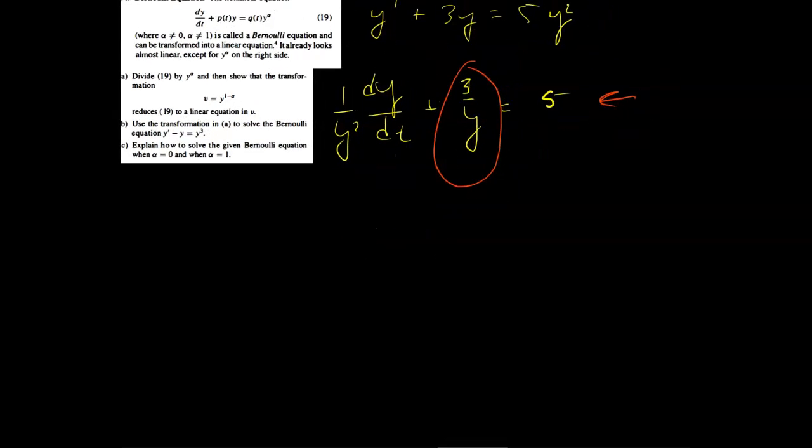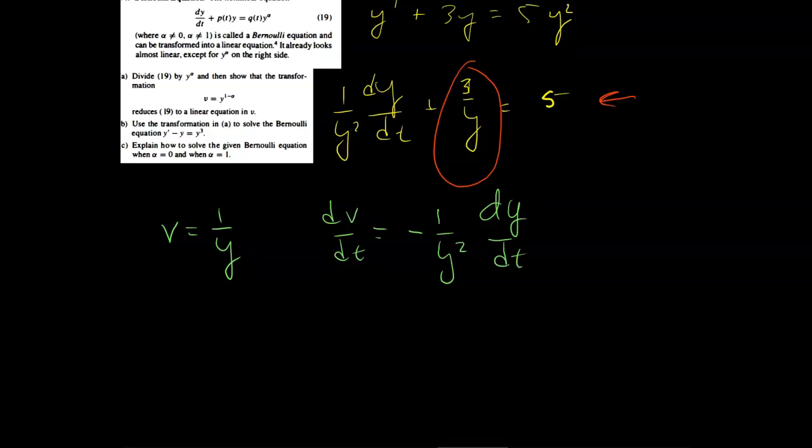If I call v 1 over y and substitute that in here, notice that dv/dt will end up being the negative 1 over y squared dy/dt, if I take a derivative of 1 over y. But this matches. The only difference is we have this negative.